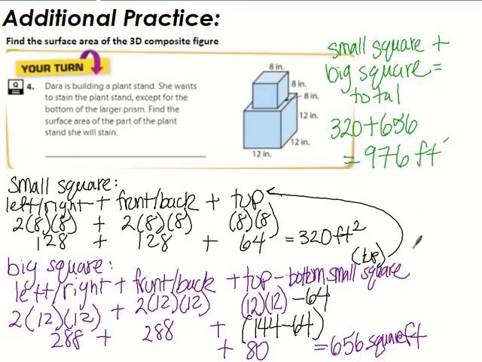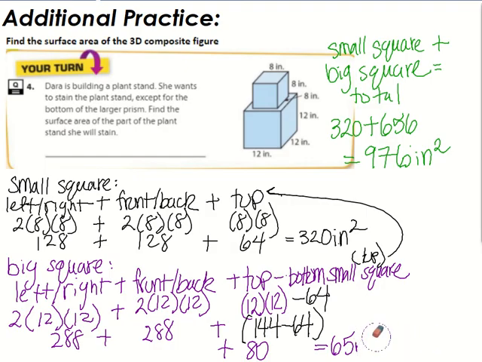Oh, and I've been putting feet and this is inches. So just ignore that. Whoops. Don't know if anybody else noticed that until just now. These are all inches. Oops. There we go. And there's our answer. That's the total surface area of Dara's plant stand.